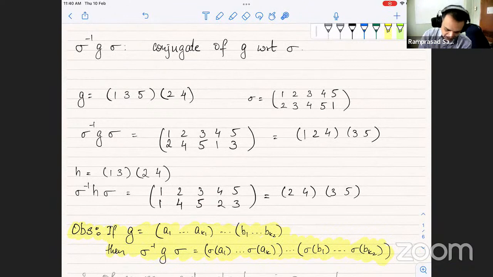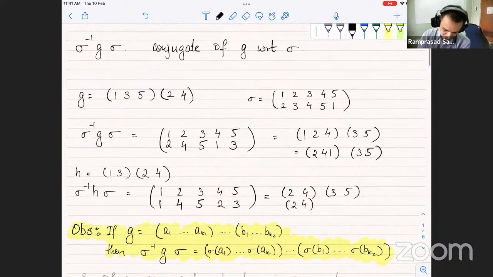So let me write this a little differently. This cycle permutation is the same thing as writing 2, 4, 1, and I'm going to write this as 3, 5. And this I'm going to write as 2, 4, and this is also 2, 4, 3, 5 is already okay.